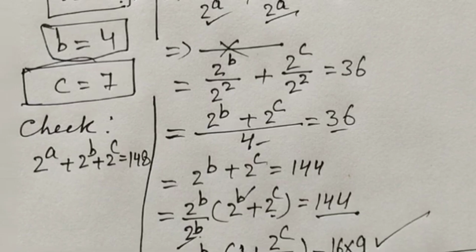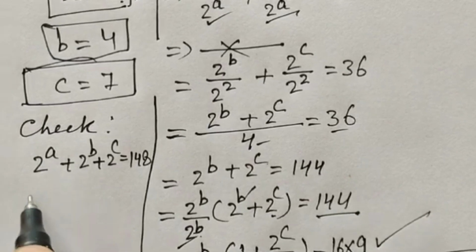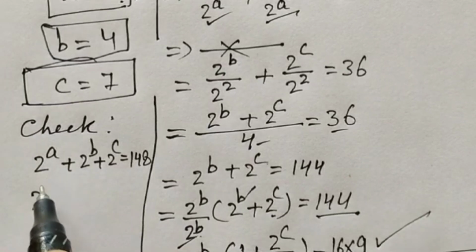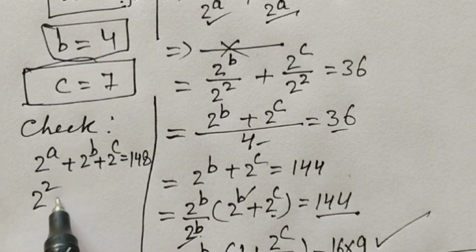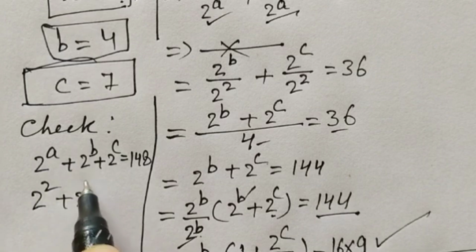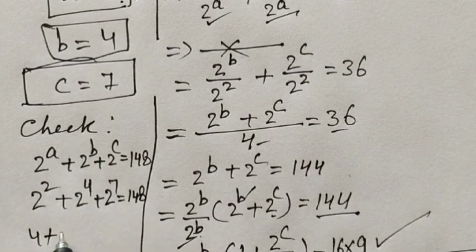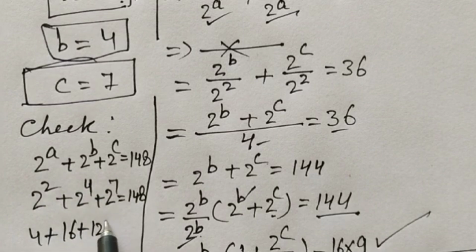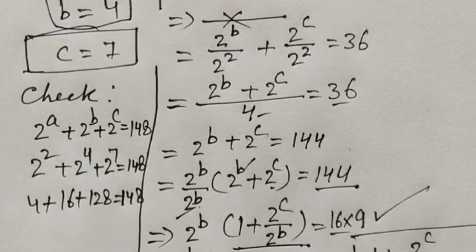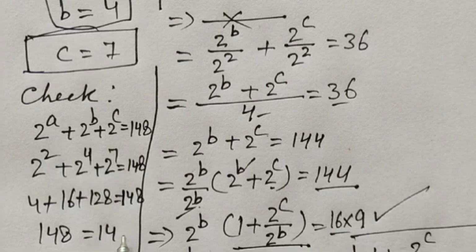So 2^2 + 2^4 + 2^7 = 4 + 16 + 128 = 148. So 148 is equal to 148.